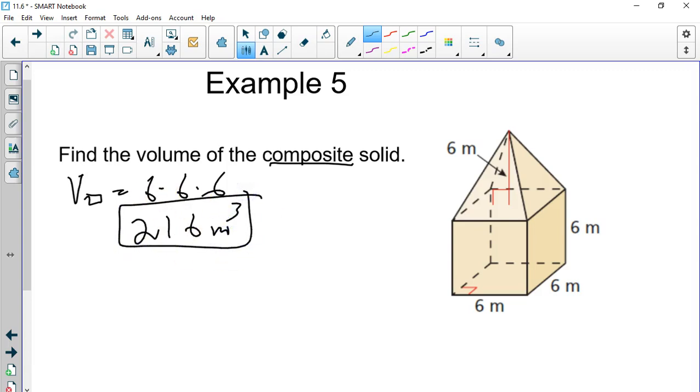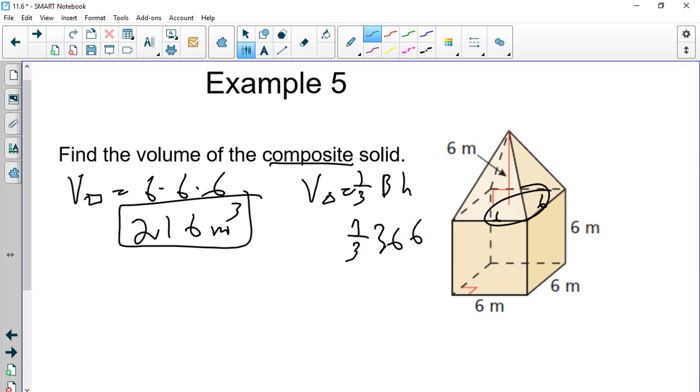Now we need to find the volume of the pyramid. Remember this is 6 and this is 6. The volume of the pyramid is 1/3, we just learned, area of the base times the height. Area of the base is 6 times 6, 36, and the height is 6.